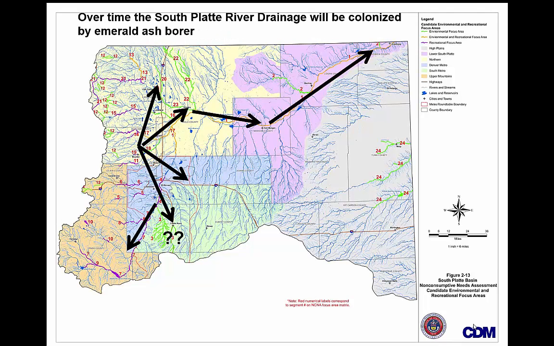And I think we can be confident that this will pretty much colonize most of the South Platte drainage within 10 years. When we look at the map of how emerald ash borer has spread in the United States and into Canada since 2002, I think it is easy to make the assumption that Colorado, at least the northeast part of Colorado, and areas that are also within this drainage may likely be infested within 10 years.